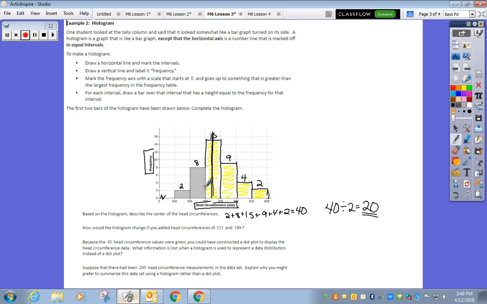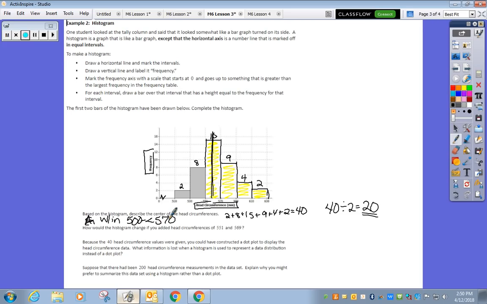So 2 plus 8 is 10, 10 plus 15 is higher than this number, meaning our center would fall somewhere within this bar. So our center is said to be within the 500 to less than 570 bar.